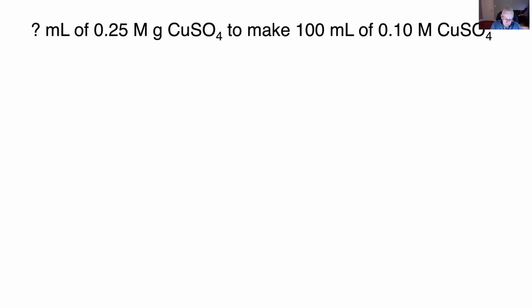The moles in the two solutions, the moles of copper sulfate, have to be equal, okay? So I'm going to start with M1V1 equal to M2V2. I'll call this thing M1, I guess, and I'll call this M2 and that one V2, all right? And then I'm just going to solve for V1 because that's the thing I don't know.